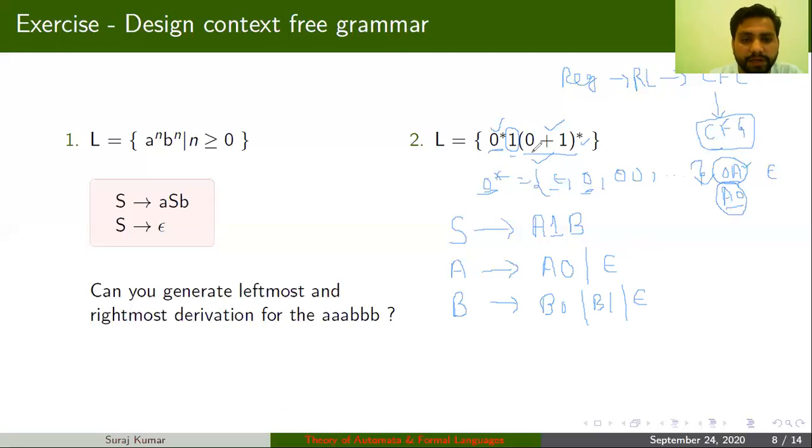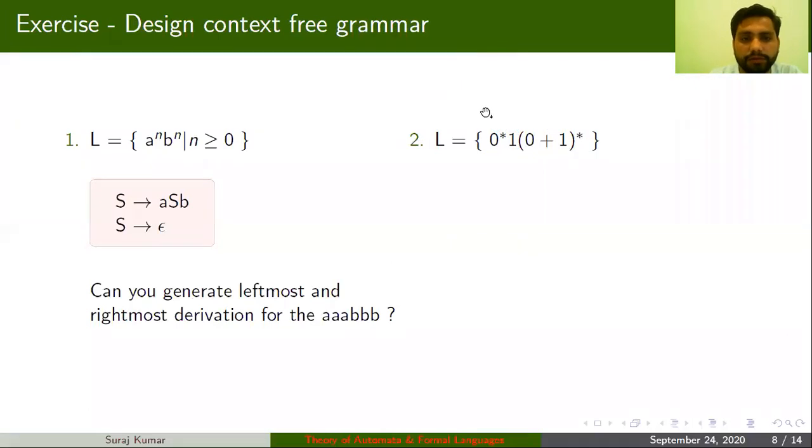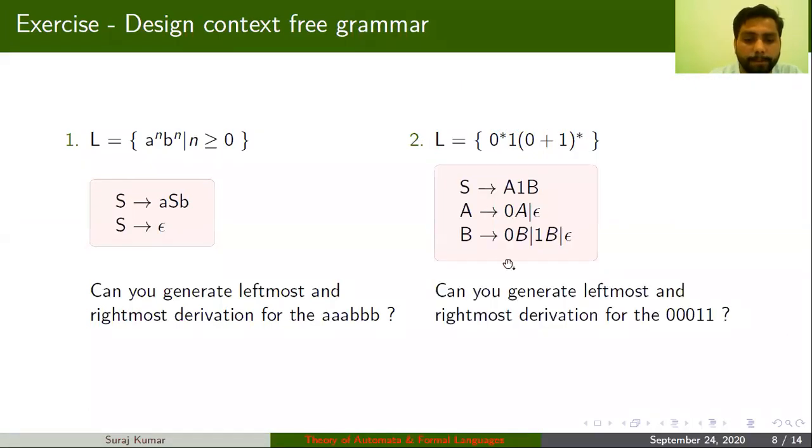So the stop condition here is B implies epsilon. This will be the grammar for this given language, the regular language. So this will be my grammar.